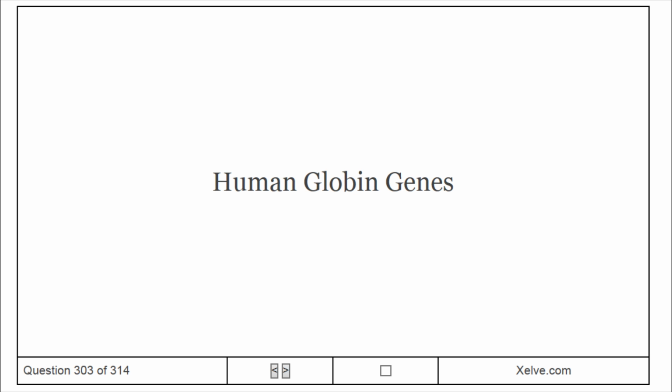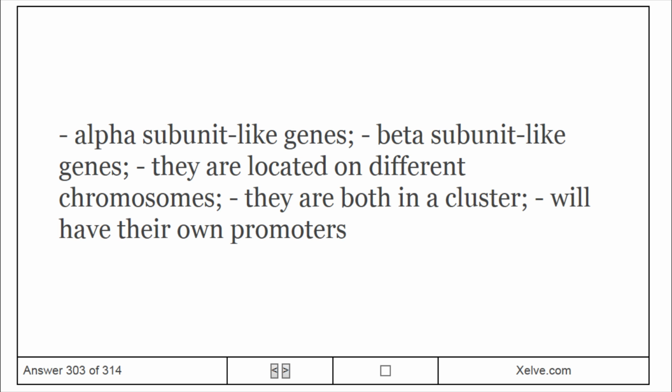Human globin genes. Alpha subunit-like genes, beta subunit-like genes. They are located on different chromosomes. They are both in a cluster, and each will have its own promoter.